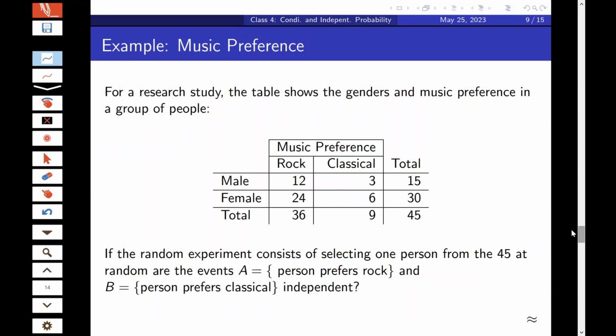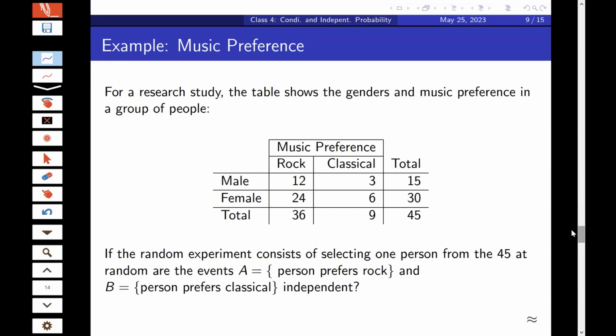In this example, for a research study, the table shows the gender and music preference in a group of people. The music preference is rock and classical, the gender is male and female, and there are numbers given.